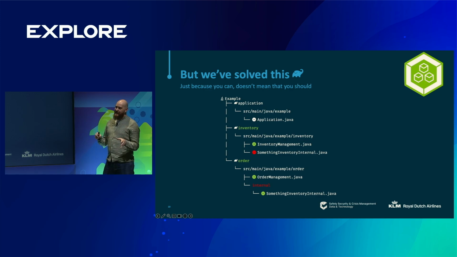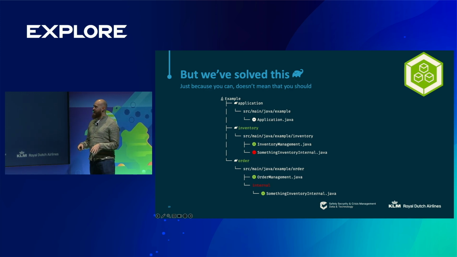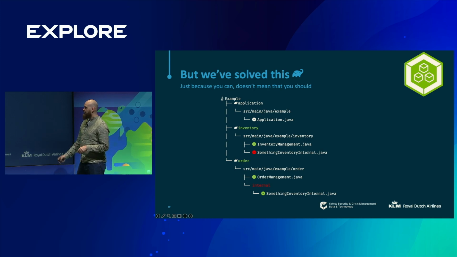And yes, you can do that, but it does feel like an abuse of your build system to try to use it to apply architectural constraints. The other thing I would say is that that internal package we talked about, you don't get that check by doing this.